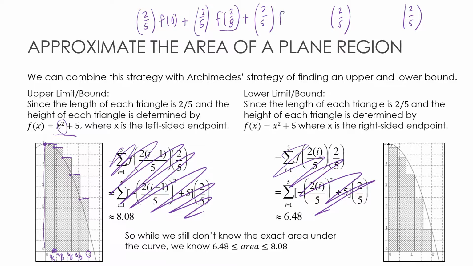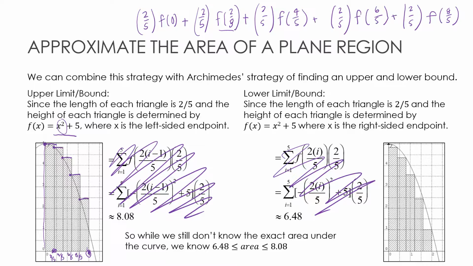And then I would take f of 4/5, and I would take f of 6/5, and I would take f of 8/5, and I would never take f of 2, because as you can see, that would mean I'm drawing a rectangle here where 2 meets. So that's not what I'm going to do.